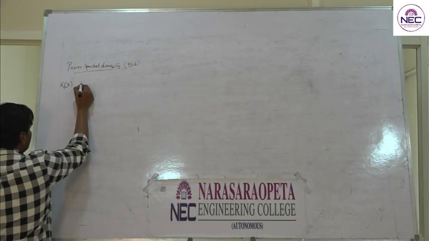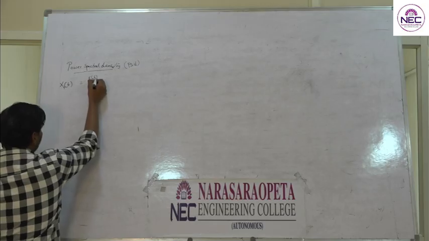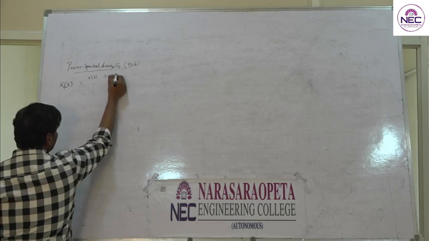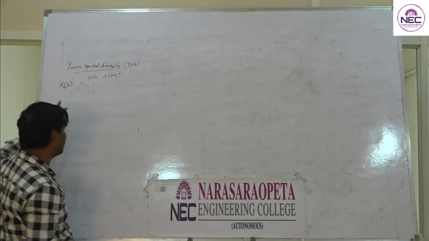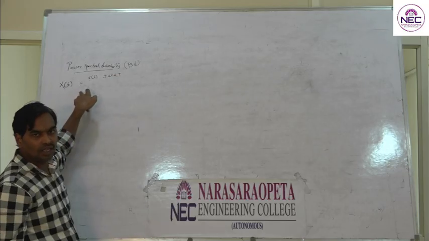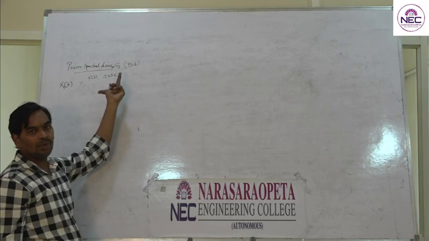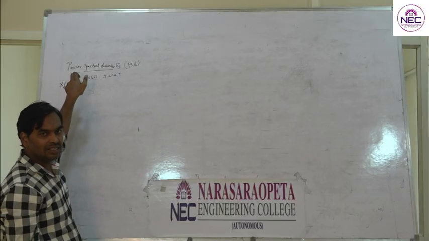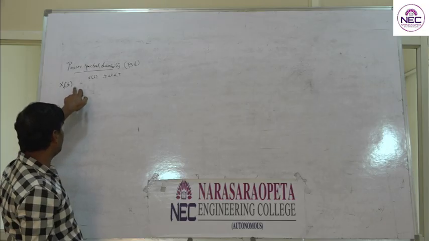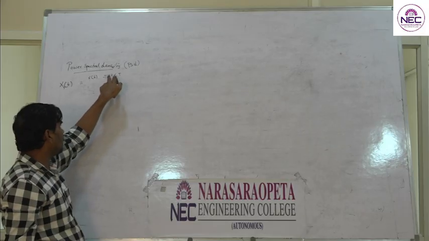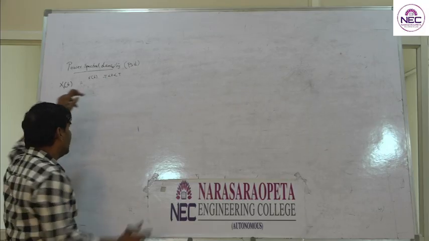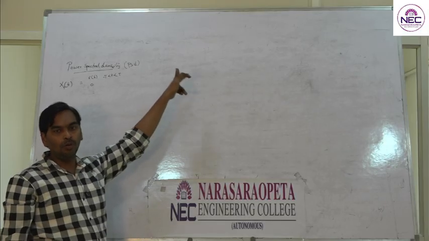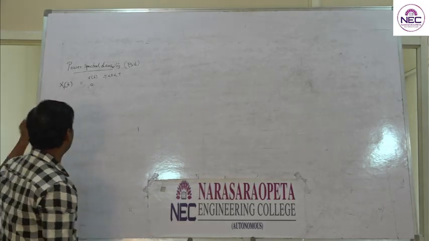So x_T of t will be x of t when t lies between minus T to plus T, and beyond this range, that is from minus infinity to minus T as well as T to plus infinity, the x_T of t signal is 0.